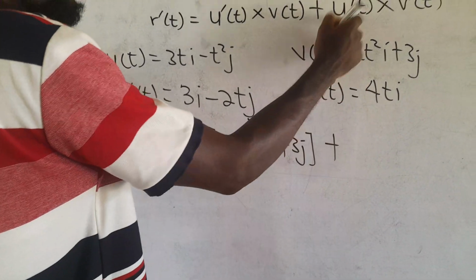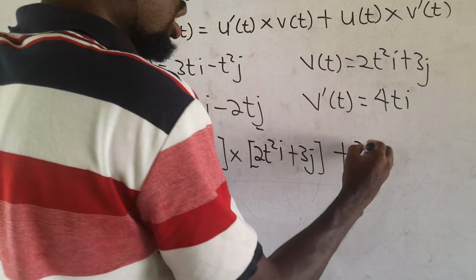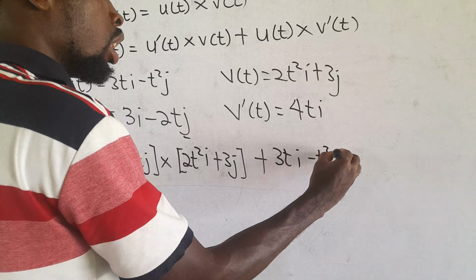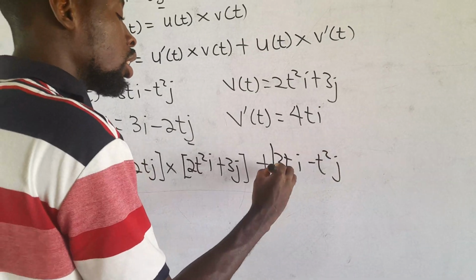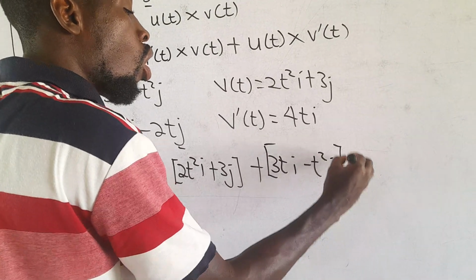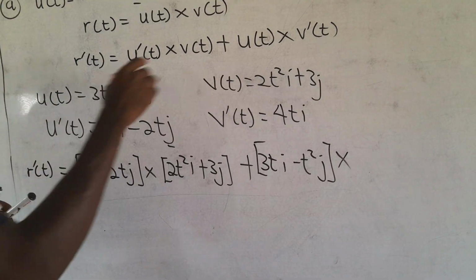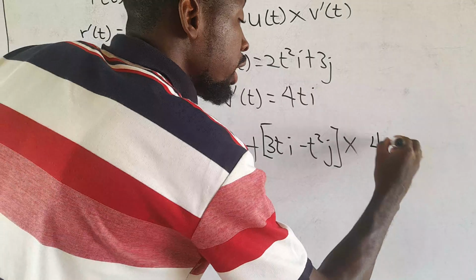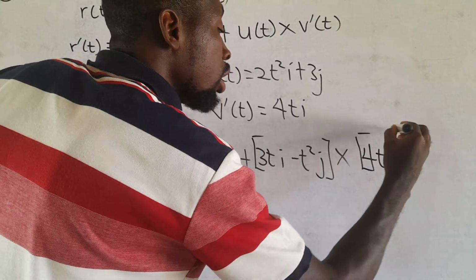Then plus our u of t, which is 3t in the i direction minus t squared in the j direction, then cross v prime of t, and v prime of t is 4t in the i direction.